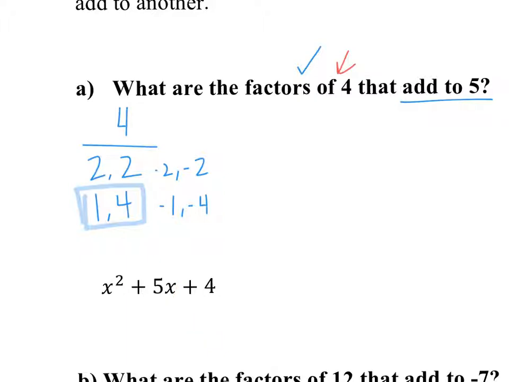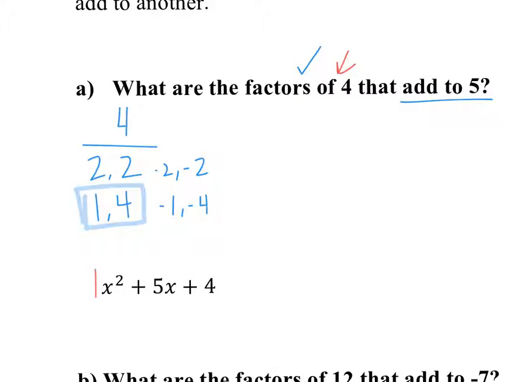First we need to identify our a value, our b value, and our c value. What is the coefficient of x squared in that polynomial? Good, 1.